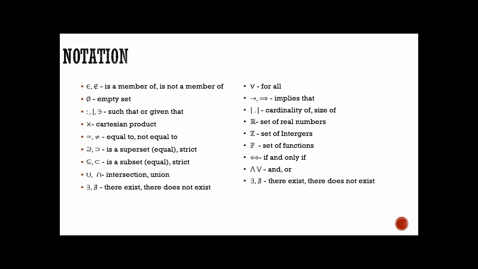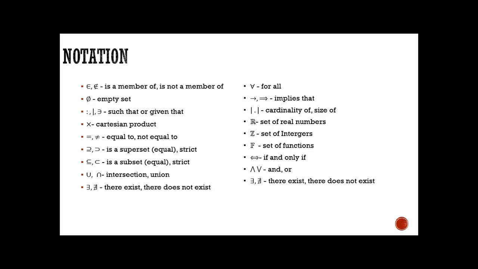This symbol represents for all, so that means that all the members in that set are taken into account. The arrow represents implies that, so this is basically saying that if you see this, then that implies something. The cardinality, if you have a set with 3 members, basically cardinality means 3. It looks at the size of your set.